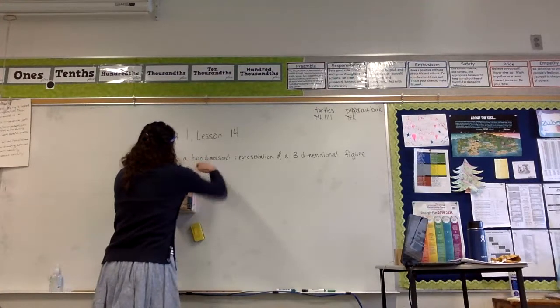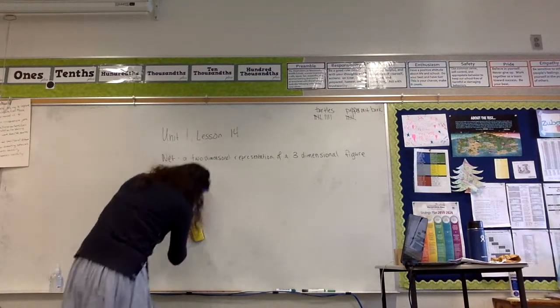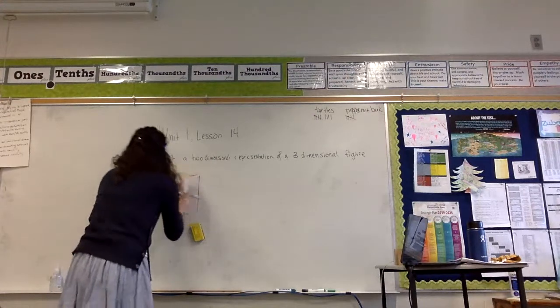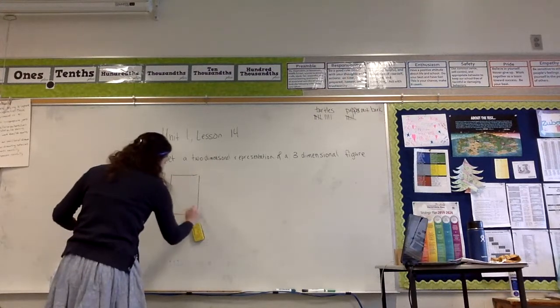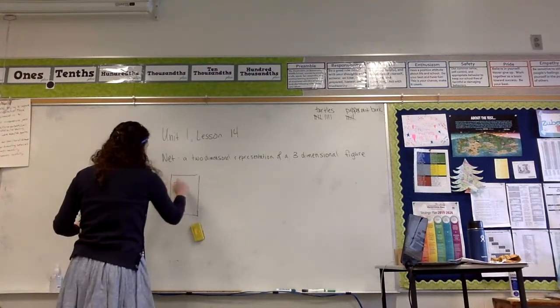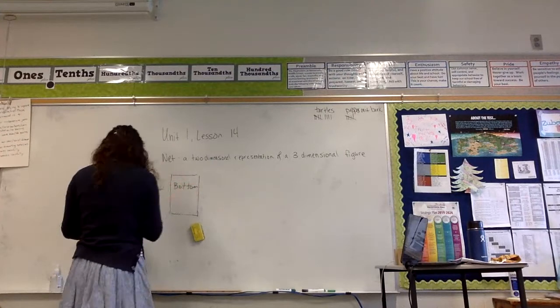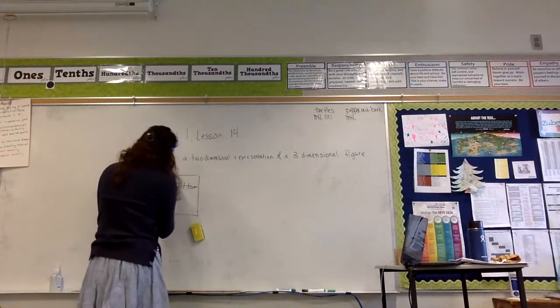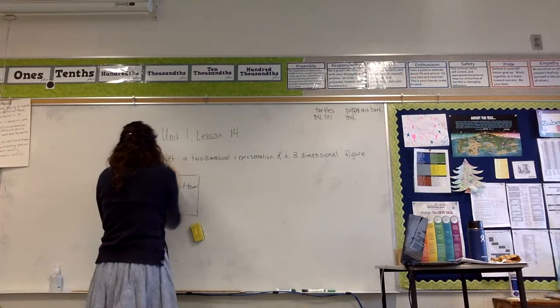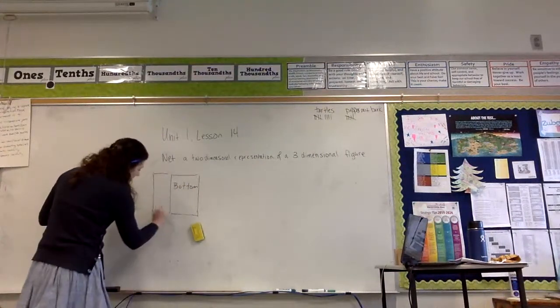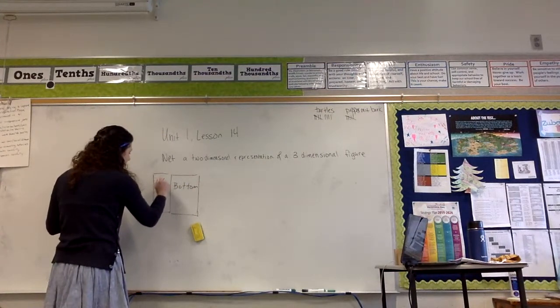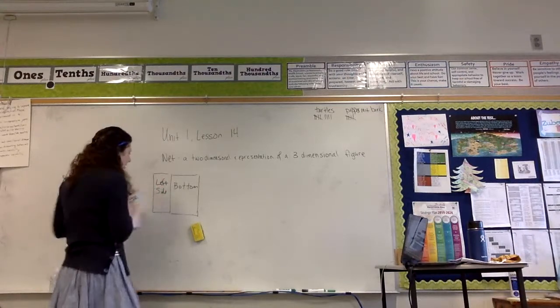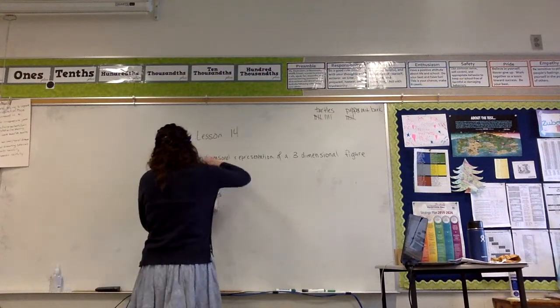right? So if I start tracing, here is the bottom of my box. And then attached to the bottom is the left side. And the right side.